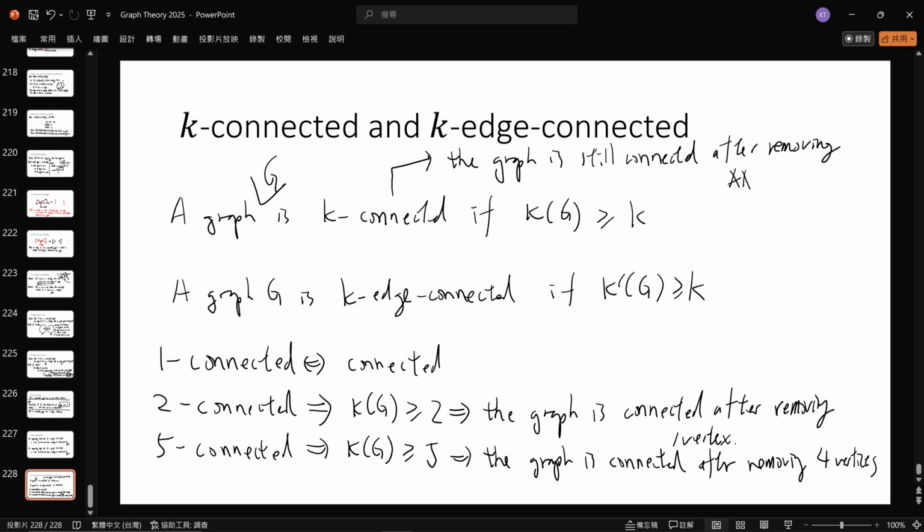I want to stress that this is any k minus 1 vertices. Likewise, when we consider k-edge-connected, this means the graph is still connected after removing any k minus 1 edges.